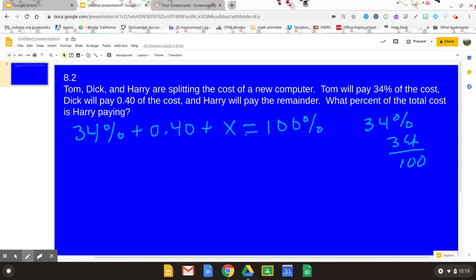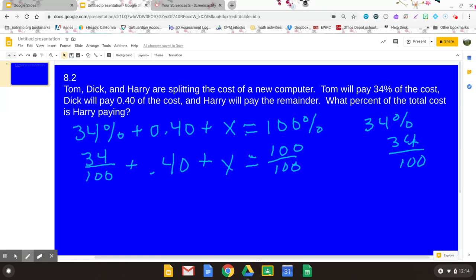So that means I have 34 per 100. I'm going to write that as a fraction, 34 over 100, plus 0.40, which I already have as a decimal, and I want everything to be decimal, so I'm going to leave that like that, plus X, and then 100% as a fraction is 100 over 100.